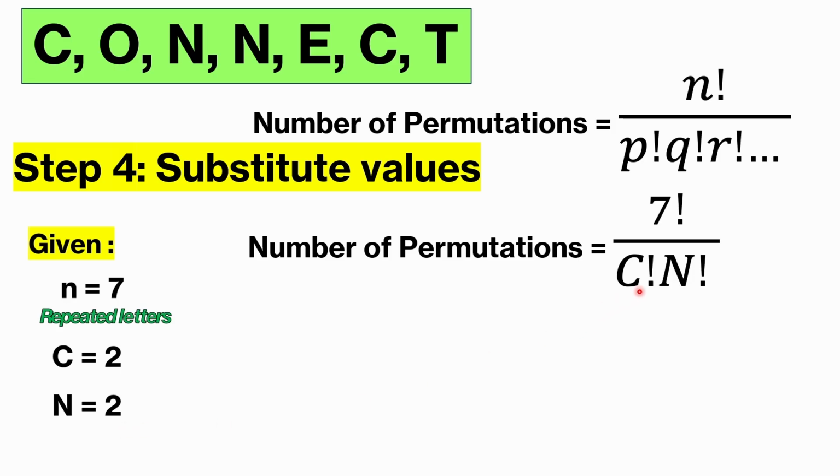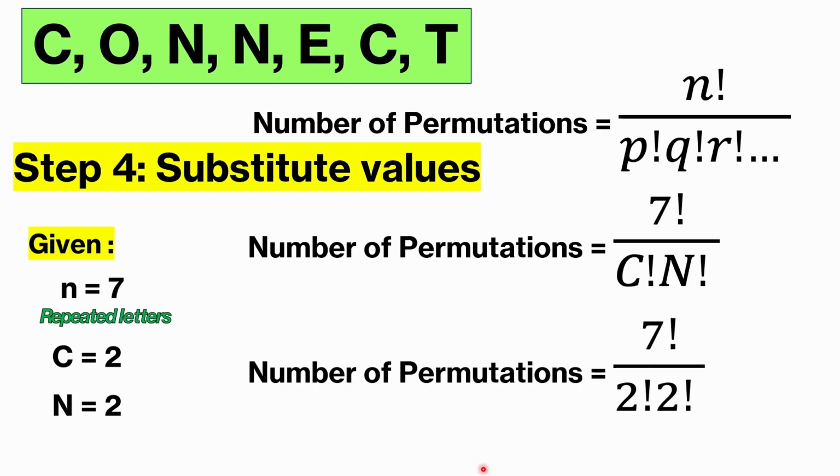Therefore, we have 7 factorial over 2 factorial times 2 factorial.